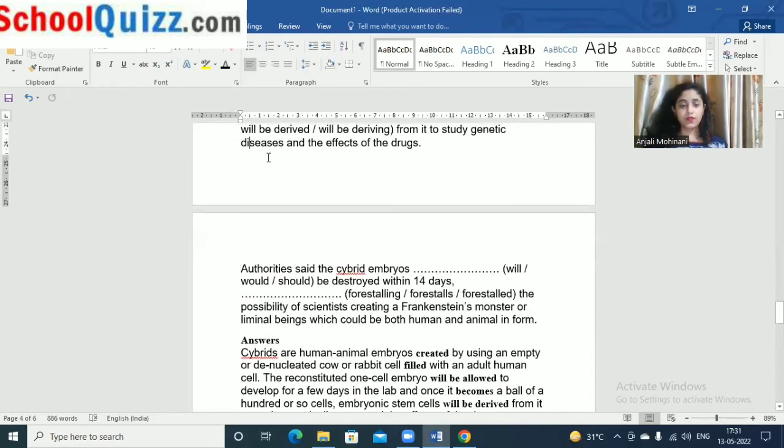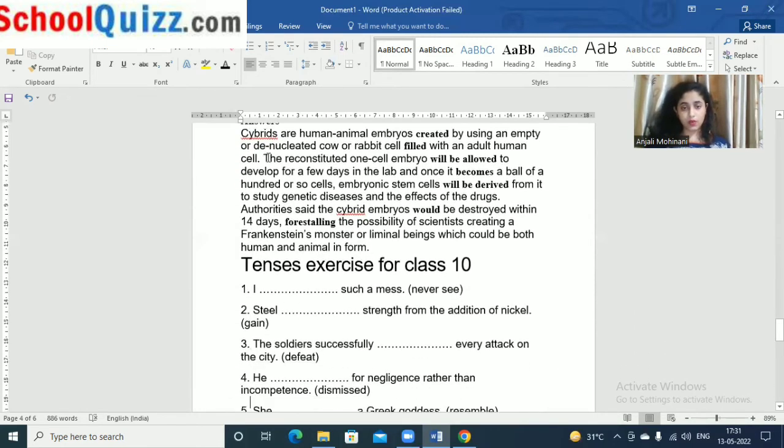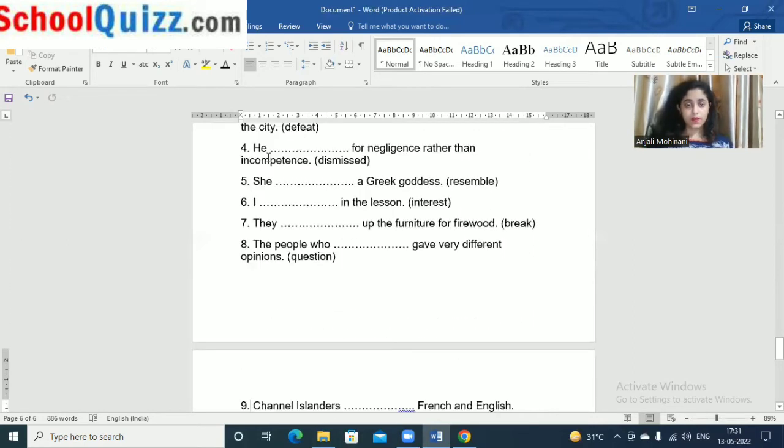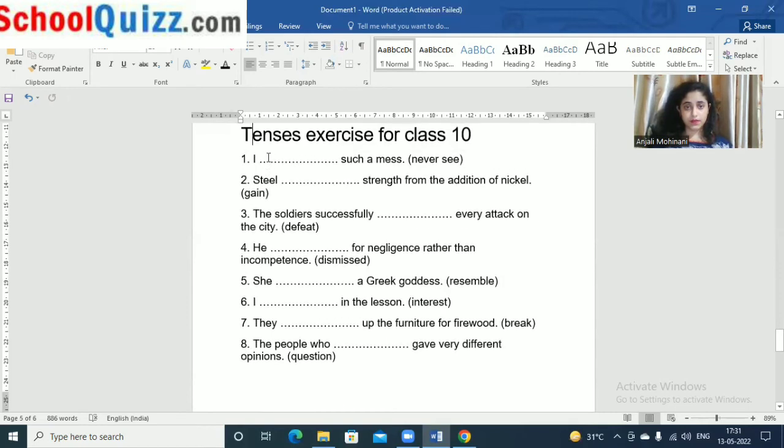And if you want me to solve with you, you can text me in the comment section and I'll go further. Until then you have to solve it by yourselves. If you want the link, I'll give you the link for the 2 more exercises afterwards. First you have to solve these 3.